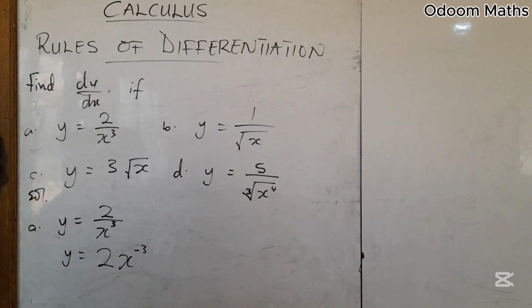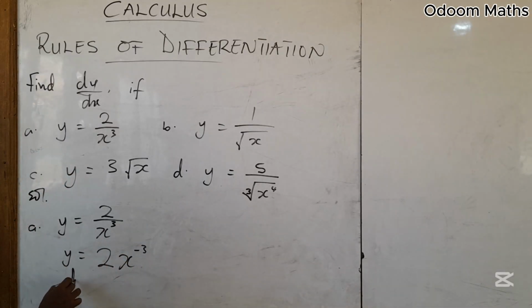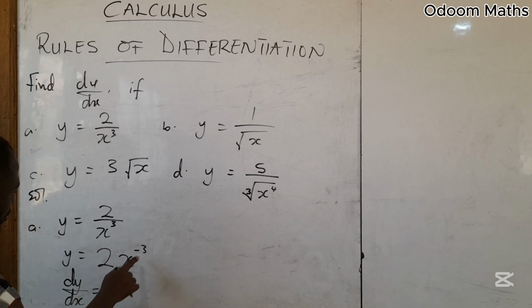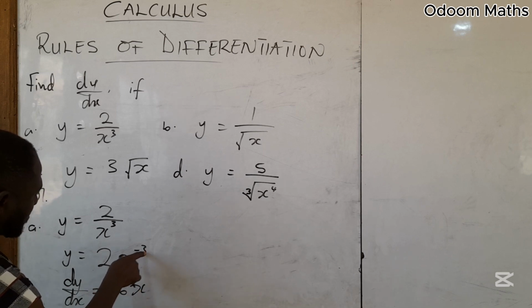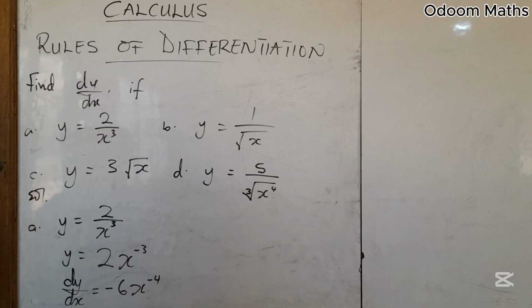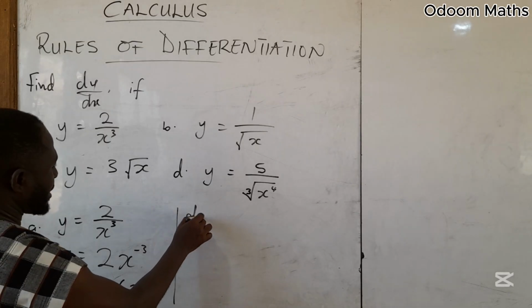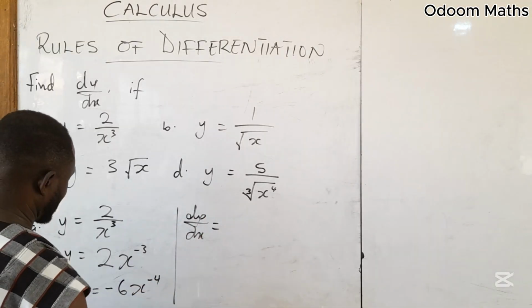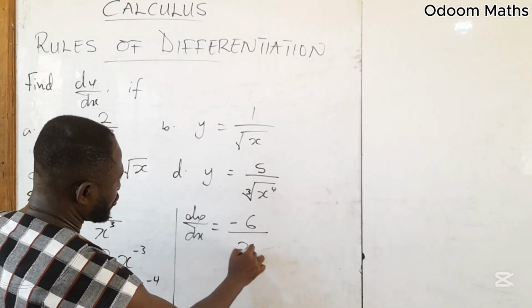So here we need to find dy/dx. So our dy/dx becomes negative 3 times 2 is negative 6. Then you subtract 1 from here, so negative 3 minus 1 becomes negative 4. So we can rewrite this as dy/dx becomes negative 6 over x to the power 4.